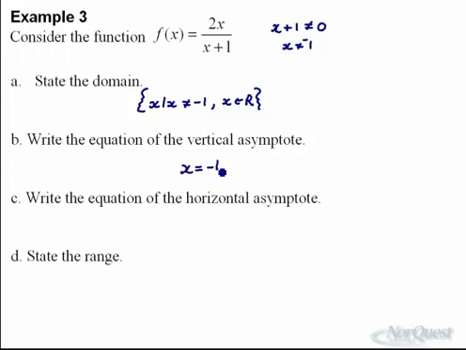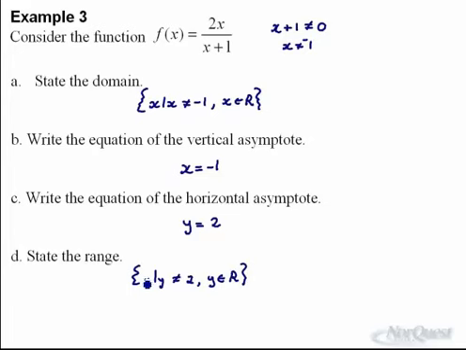So this asymptote should be y equals 2. The leading coefficient of the top is 2. The leading coefficient of the bottom, the coefficient of x, is 1. So that should mean that the range is y such that y cannot be equal to 2, y is an element of the real numbers. So when you get equal degrees, it's leading coefficient divided by leading coefficient.